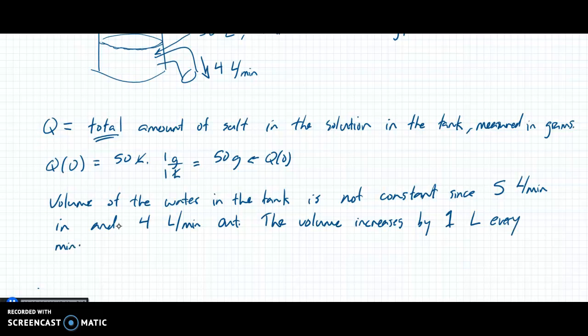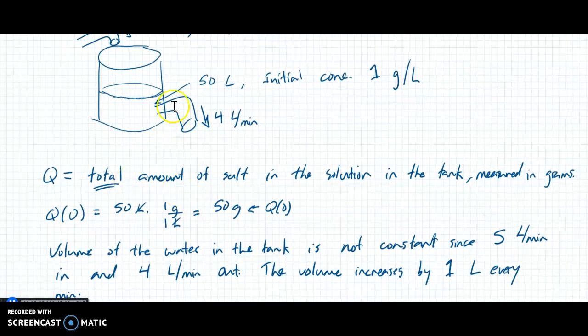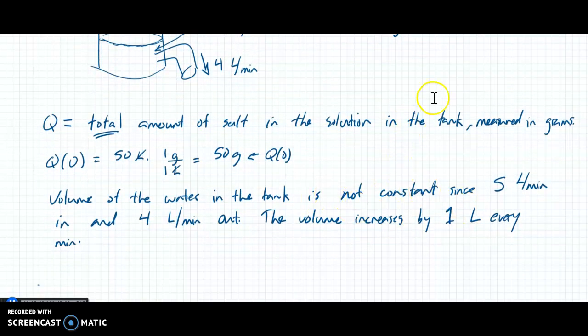So notice that's a constant increase of 1 liter every minute. And remember, it starts with 50 liters. So I drew a tank that is big enough to hold a lot of water and it's not going to overflow. So I've got 50 liters here, and 1 liter is adding every minute.